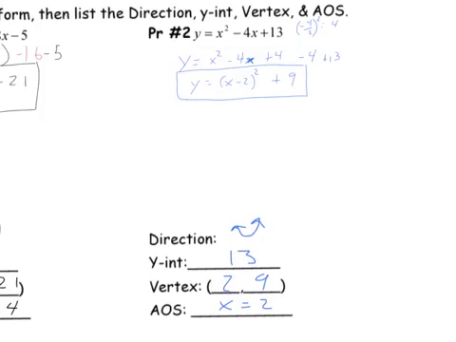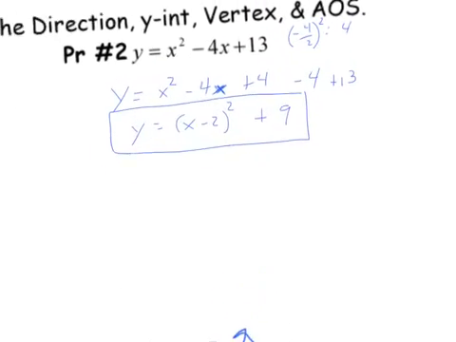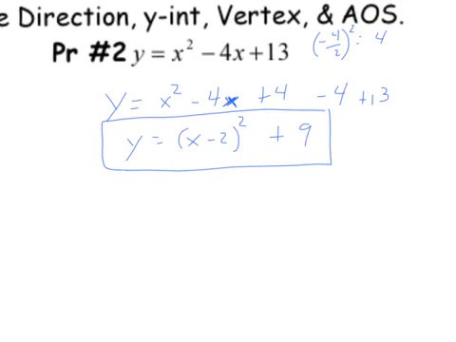Okay, so I completed the square. Actually, before I did that, I noticed that it's positive, so I knew it was going to open up, and I saw this number all by itself, so I knew that's my y-intercept. Then I completed the square, separated it out, and saw that my b term was negative 4. Negative 4 divided by 2 is negative 2. Negative 2 squared is positive 4. So I added 4 and subtracted 4 at the same time, because that's just like adding 0, which you can do.